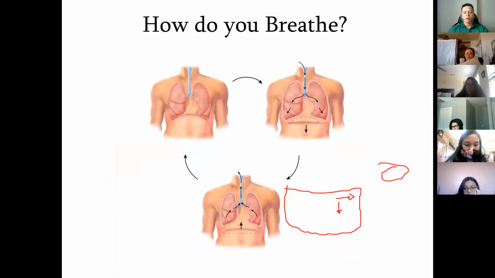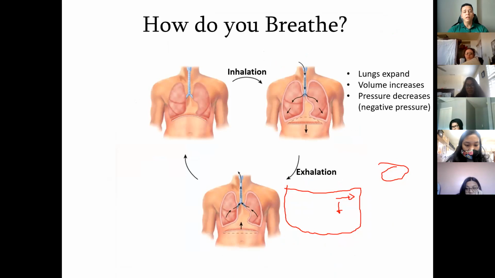And this is how our lungs work, with inhalation and exhalation. When we inhale, we increase the volume of the thoracic cavity. We increase the volume of our lungs, and that leads to a decrease in the pressure inside of the lungs, creating what we call negative pressure. What is negative pressure? Negative pressure is vacuum, okay?